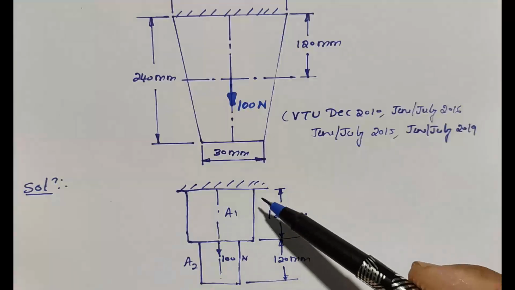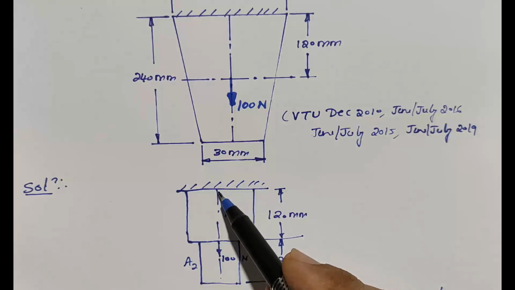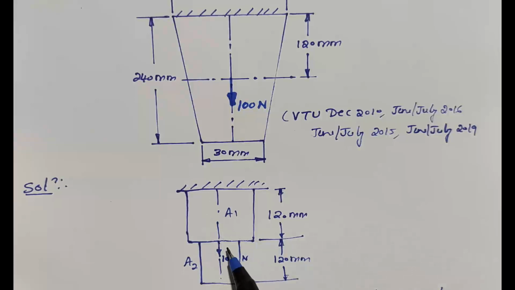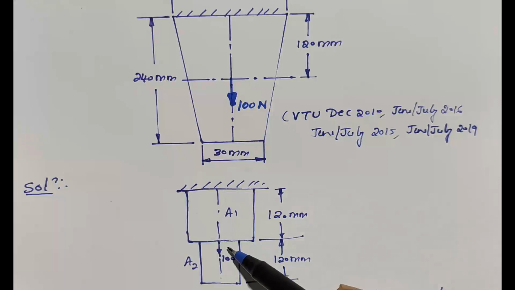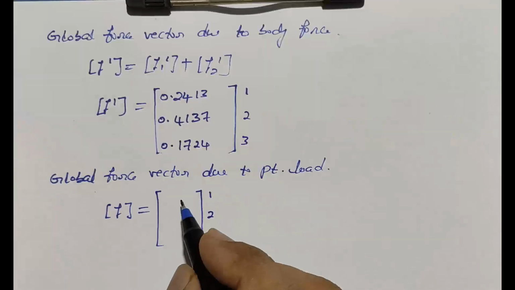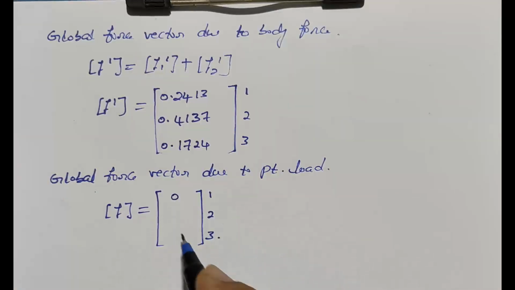See, if you see the figure, at node number 1 we don't have any point load, so F1 will be 0. At node number 2 we have a point load of 100 Newton, but at node number 3 we don't have any point load. So F1 is 0, F2 is 100 Newton and F3 is again 0. So this is the force vector due to point load.